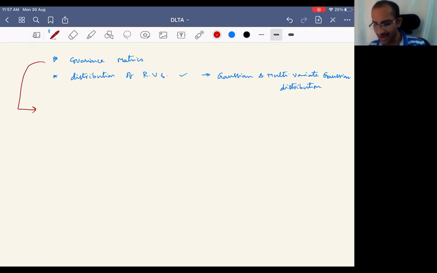Essentially, if we have a random variable X, which is a vector random variable, how do you define the covariance? X minus expectation of X is again a vector, into X minus expectation of X whole transpose.